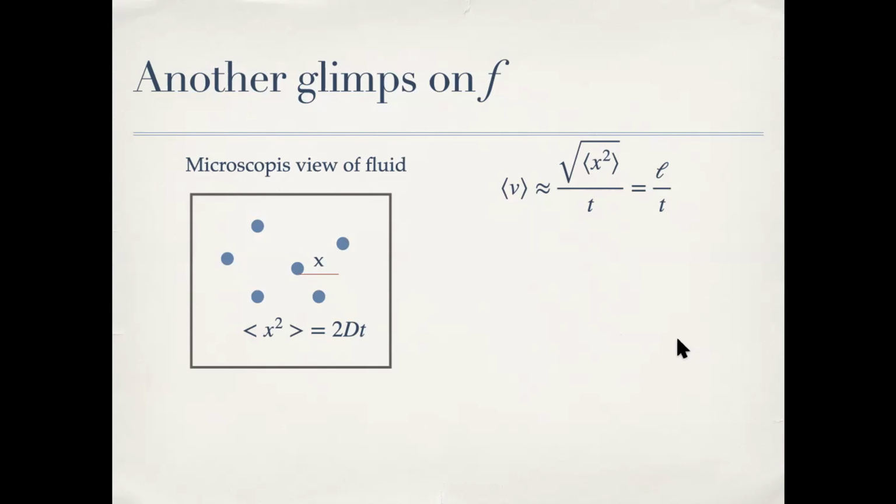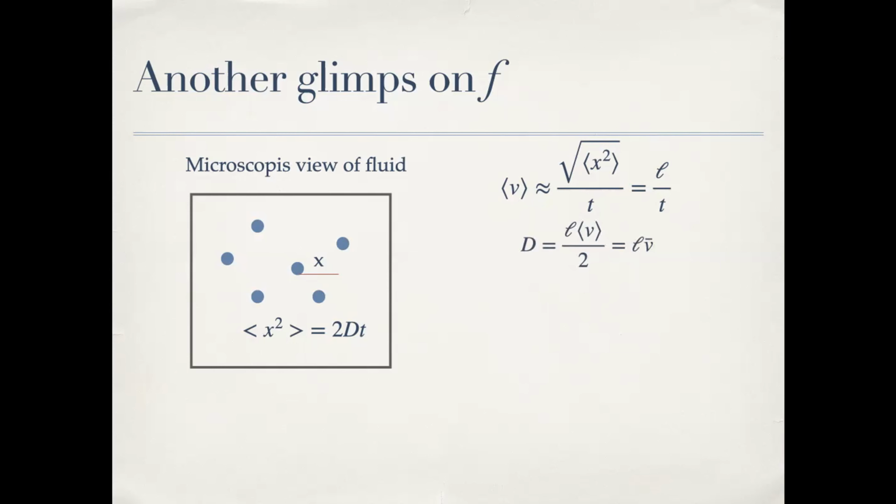And that average velocity is the size of that region, which is the square root of the mean square, divided by time. So let me call this square root of the mean x squared by a letter L. Therefore, the average velocity is L divided by T.